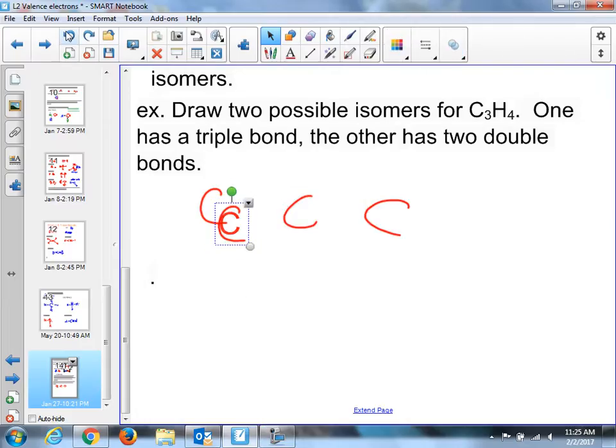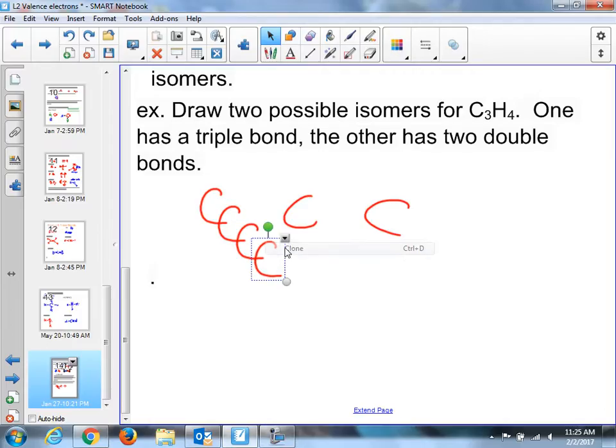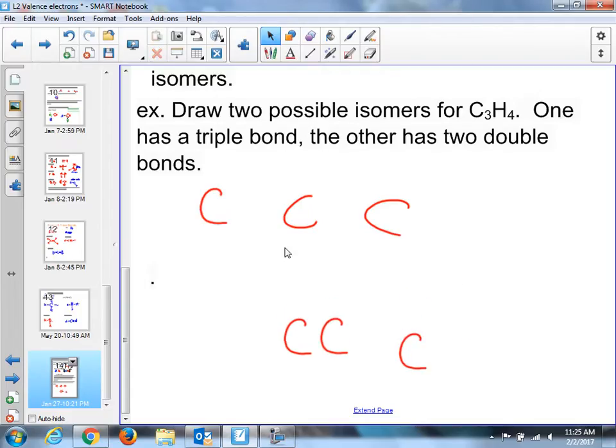That'll be my second structure. I got lots of H's, but I know the H's are single bond. Now, H's are dead ends, we said, right? So I hope you realize the C's must be in a row. 1, 2, 3.